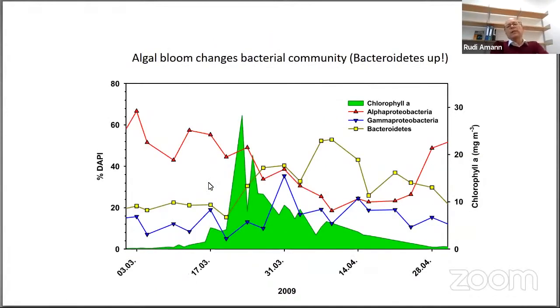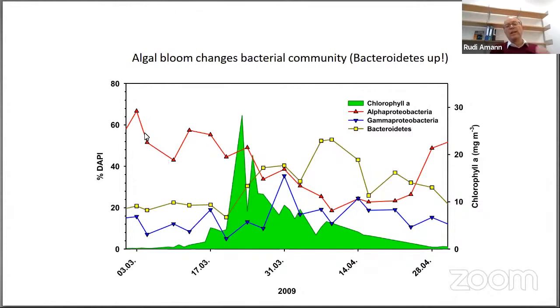If we now look into the taxonomy of the bacteria, we start to look into that window from 0.2 to 3 micrometer and look for heterotrophic bacteria. A winter community has lots of alpha proteobacteria, and then the moment there is a phytoplankton bloom, you wait a bit, and with the maximum of bacteria, one particular group, the Bacteroidetes here in yellow, take over, and they are followed by some gamma proteobacteria.